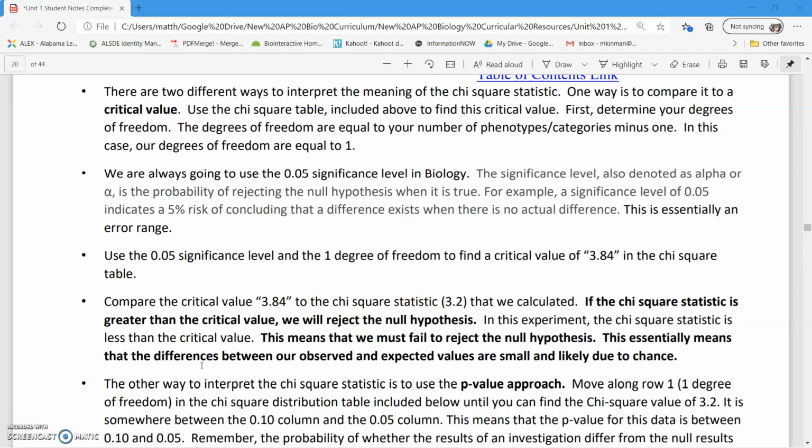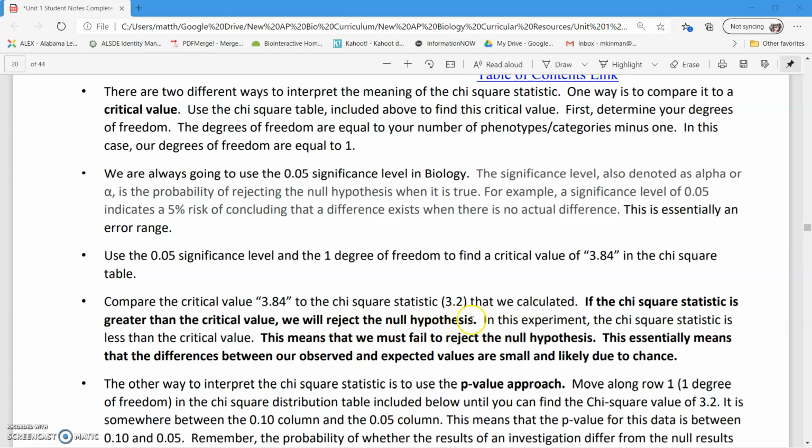So a way to help you remember this is that you want to reject the null hypothesis because that means that your data supports your alternative hypothesis, which is really what you care about. So if the chi-square is great, like it's great to me, if it's greater than the critical value, then you get to reject the null hypothesis. That's kind of my way to help me remember it.